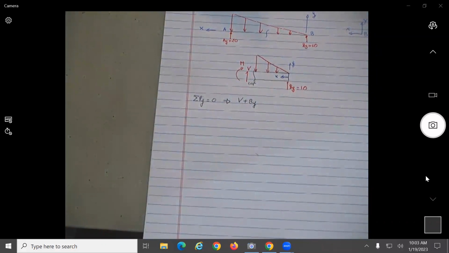Now, what do we do with that distributed load? What would be the value of the force?